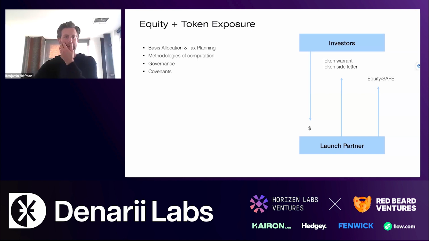We've discussed the basis allocation and tax planning pieces. We just went over the methodologies of computation of the valuation of the token rates. Governance and covenants. This comes into play either at the SAFE level, right?